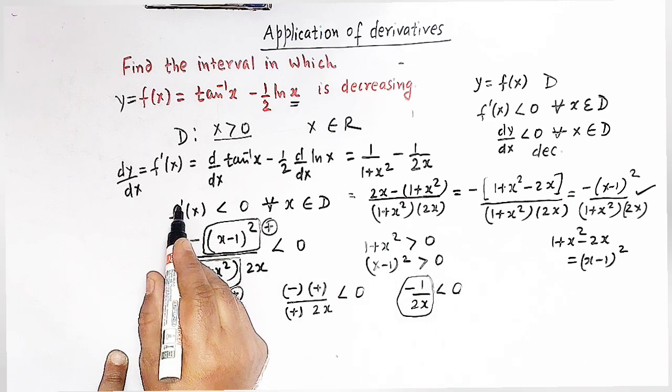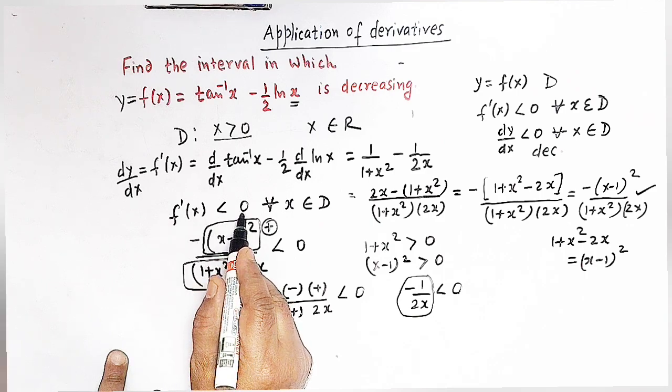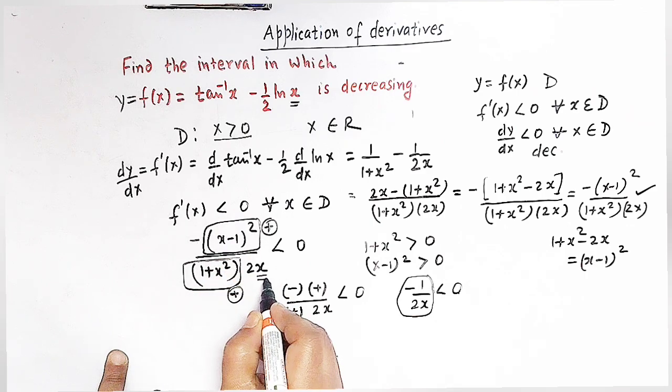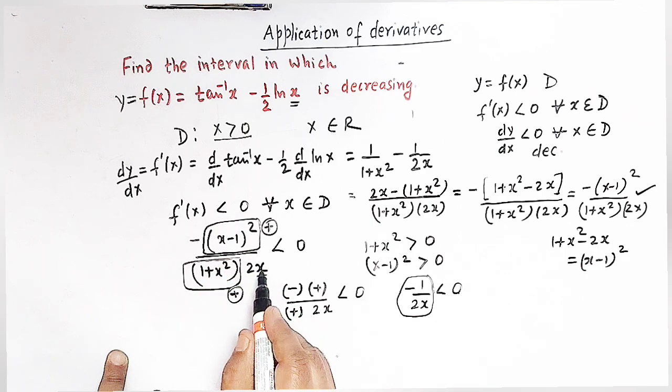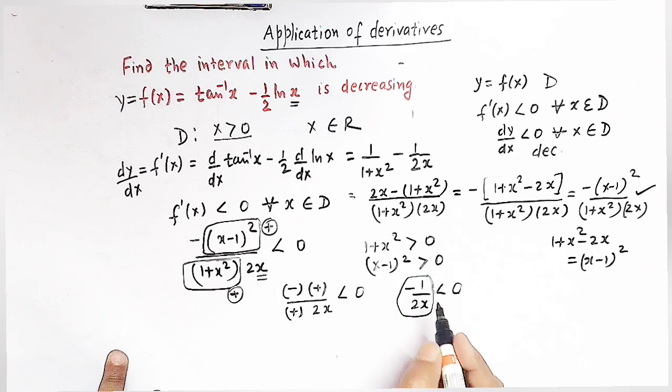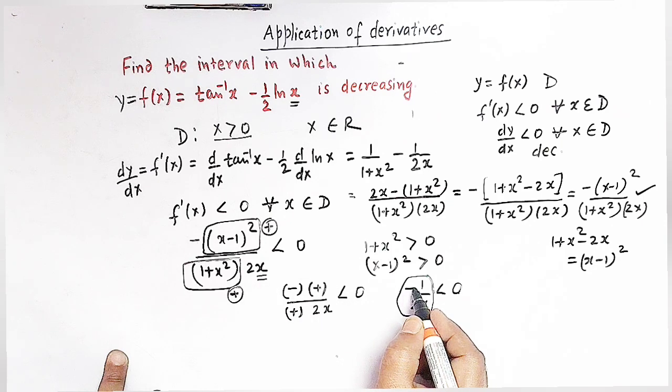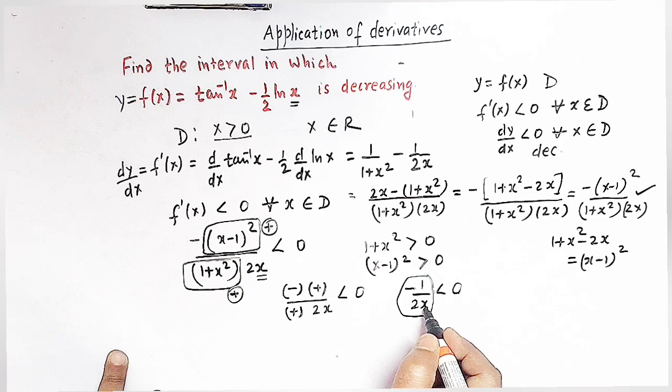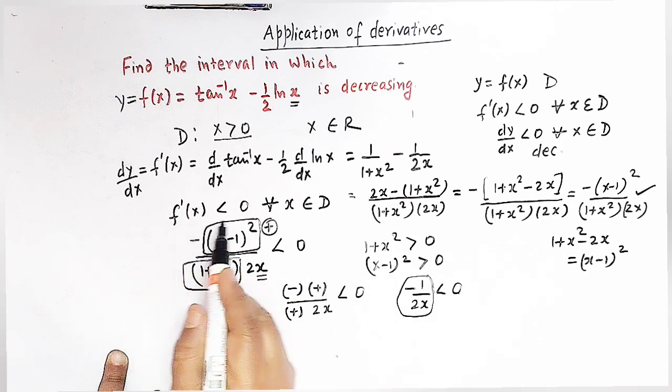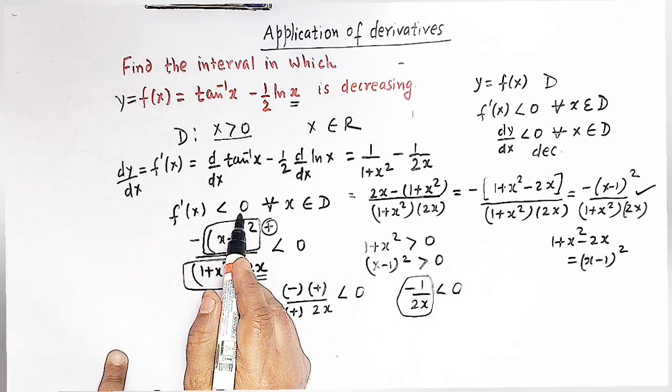So the derivative f prime of x is less than 0 whenever x is greater than 0, or x is positive, because here we have a negative sign. So here we should have a positive sign because the derivative has to be less than 0.